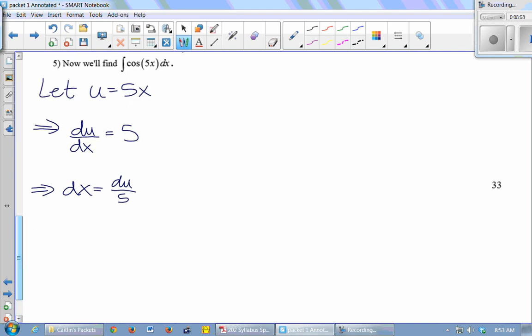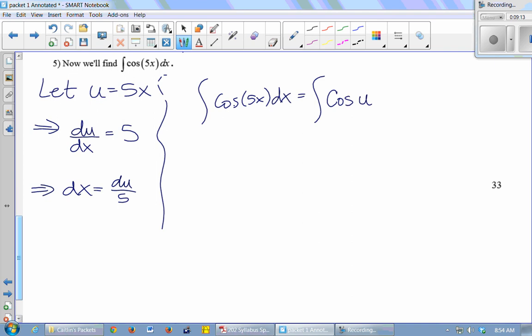So then we go ahead and make our substitution. So this is sort of all our preliminary work. Then we take the integral of cosine 5x dx, and I make my substitution. This is going to become the integral of cosine u, and instead of dx, I put a du over 5.